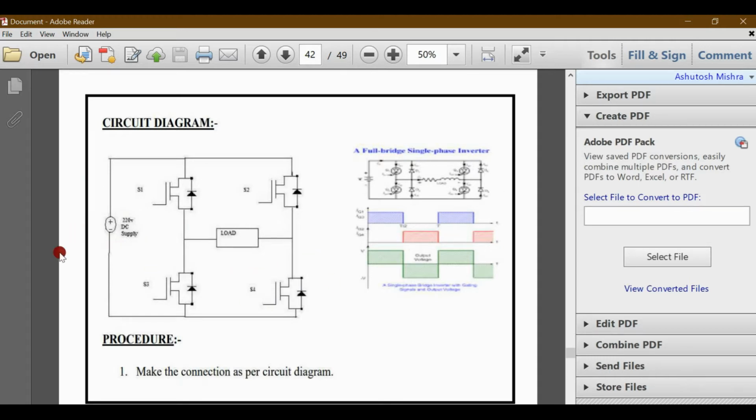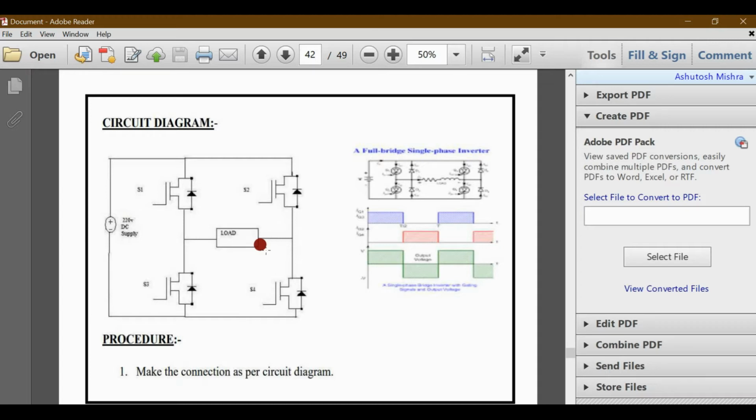The input is DC of 220 volt, at the left side. Then there are two legs. Each leg consists of two thyristors or two IGBTs or two MOSFETs, and in between these two legs the load is connected. You can see this is the load.